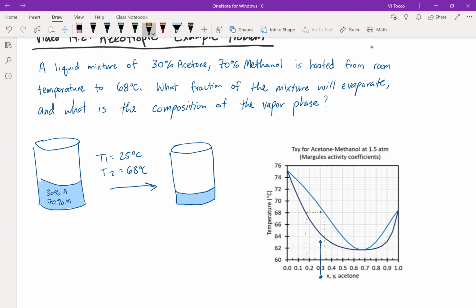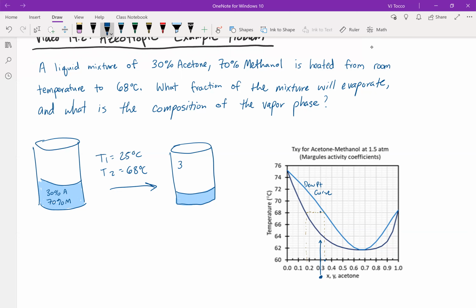So this will answer the second question immediately. What is the composition of the vapor phase? By looking at my diagram, I can read this point. My vapor phase, remember this is the dew point curve, is 30, we'll call it 35.